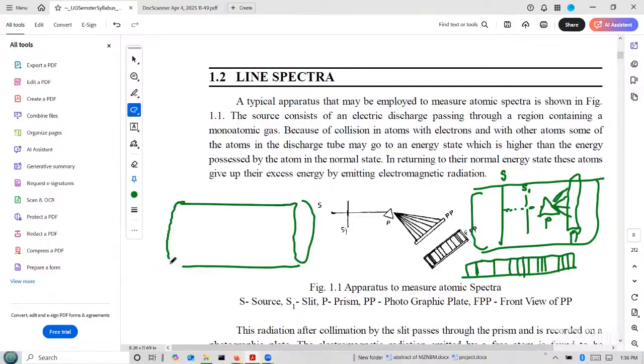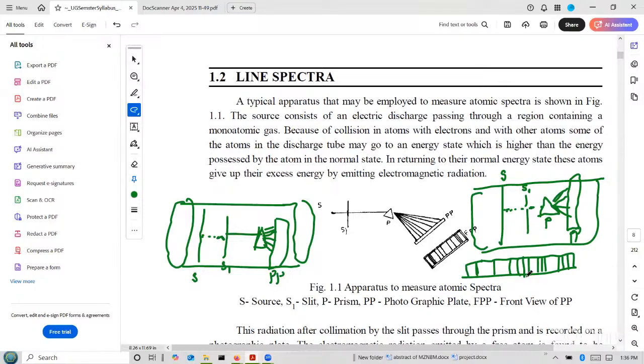Inside this tube there is mercury gas. I am taking a source; the energy passes from the source through the slit. After the slit, it is passed to the prism. Again from the prism it is splitting. This splitting is collected across the photographic plate.